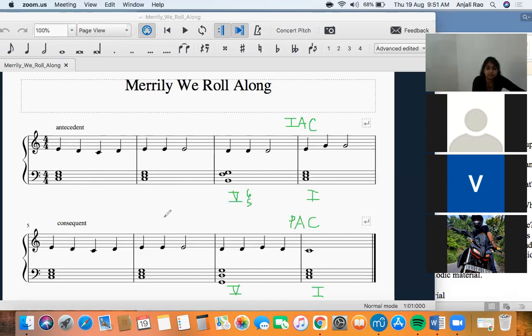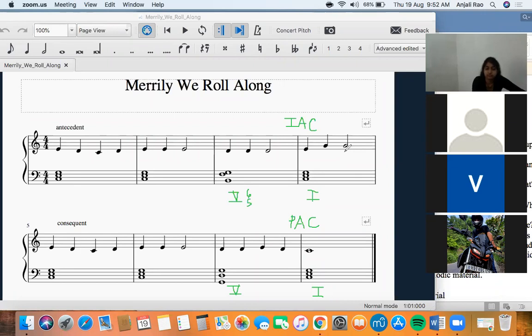Okay, somebody else. Go ahead, Reed. So antecedent is because of the cadence. Okay? Like, so as you can see, the first one, it's an imperfect authentic cadence. So when it's something similar to an imperfect cadence or a plagal cadence or half cadence, then it is called antecedent because it ends at kind of a weak cadence.